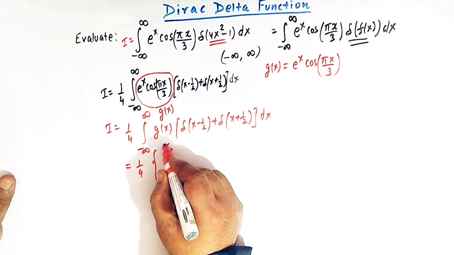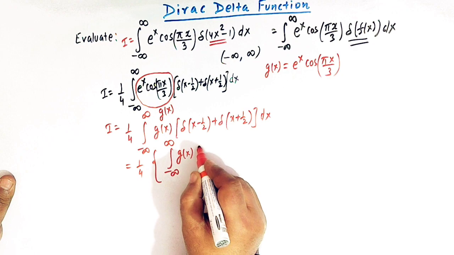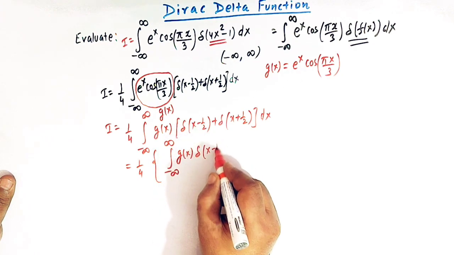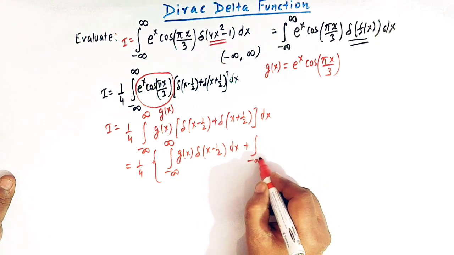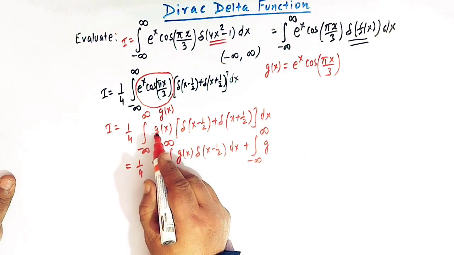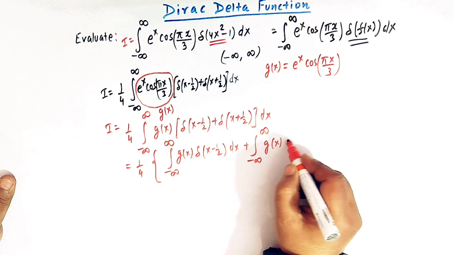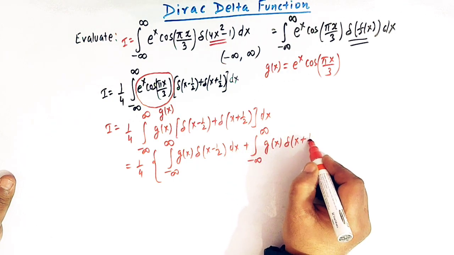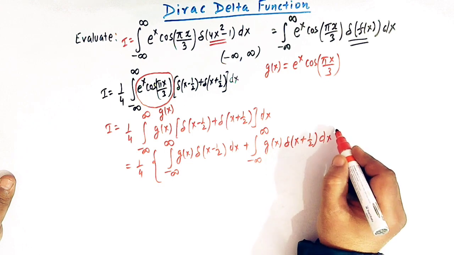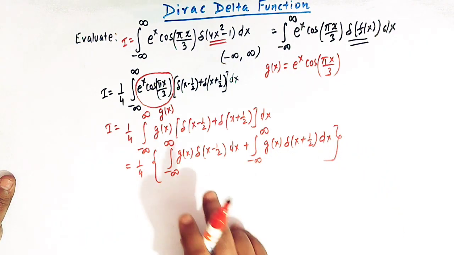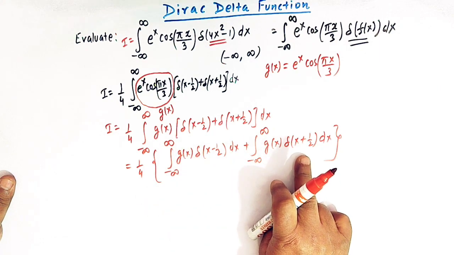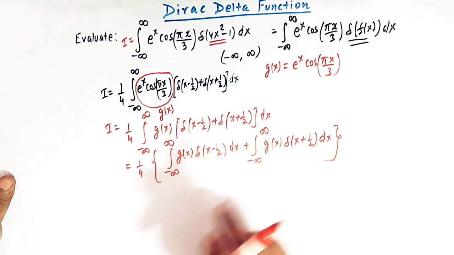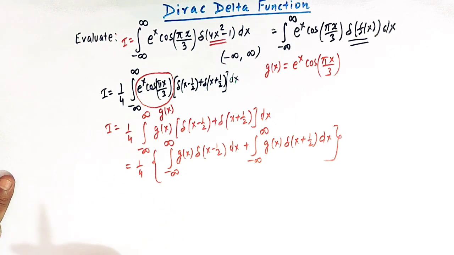One is the integral from minus infinity to infinity of g of x delta of x minus half dx, plus the integral from minus infinity to infinity of g of x delta of x plus half dx, right? Now we have to obtain the values of these two integrals, and here we'll make use of the definition of the Dirac delta function.